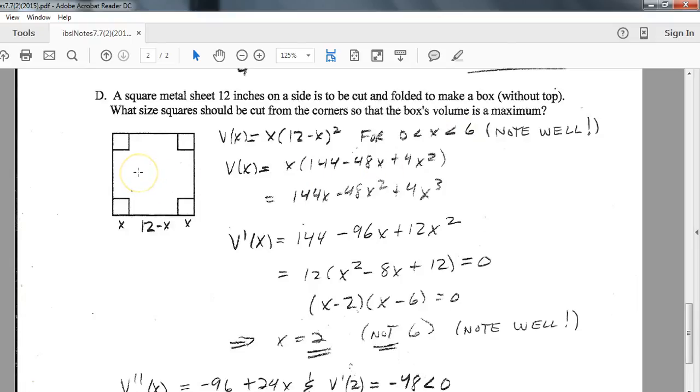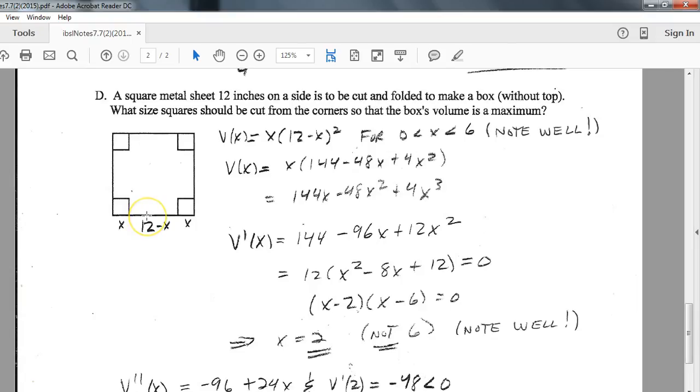If we're going to do volume, again, it's length times width times height. The bottom of this, if I identify a side length for this guy, which is what we are folding up, we would see as 12 minus 2x. That should say 2x right there, because I'm cutting out an x and an x from that side. So 12 minus 2x would be that dimension, and I would have 2 of those.